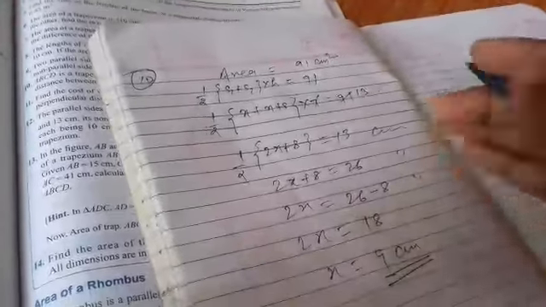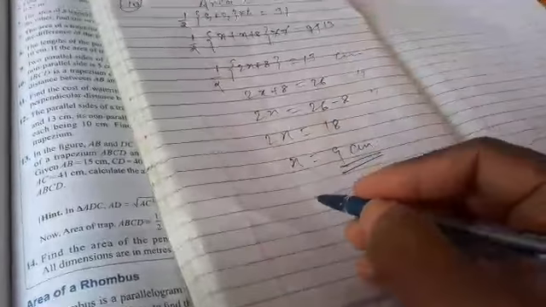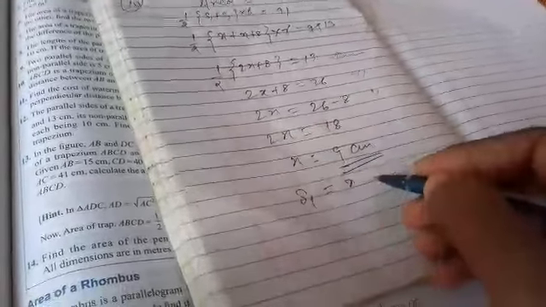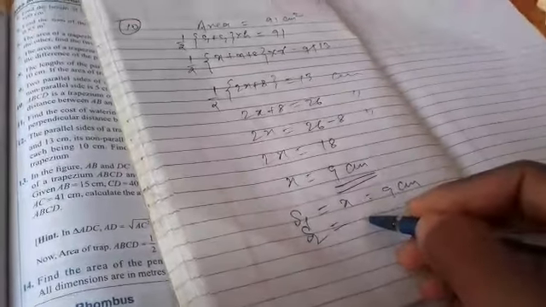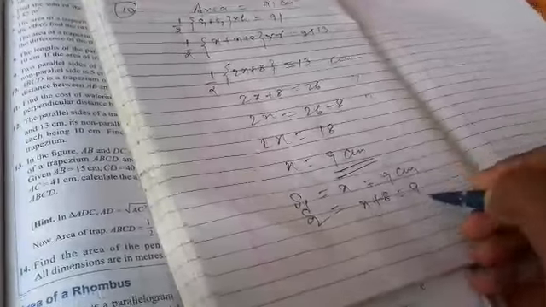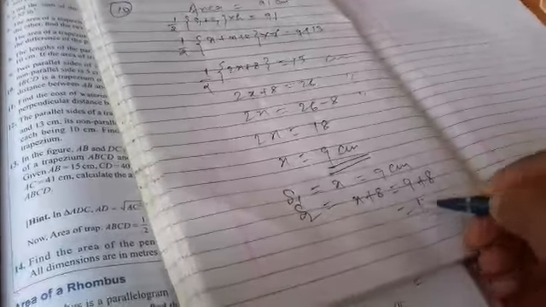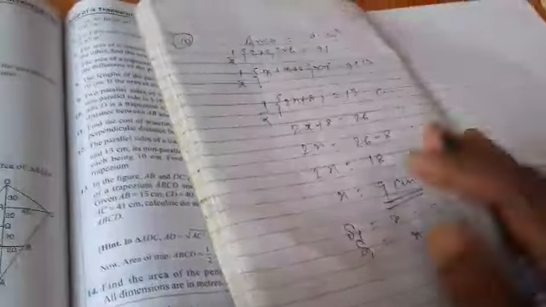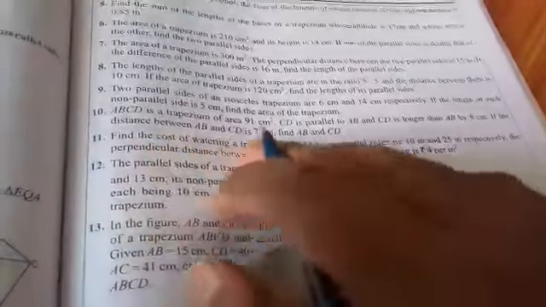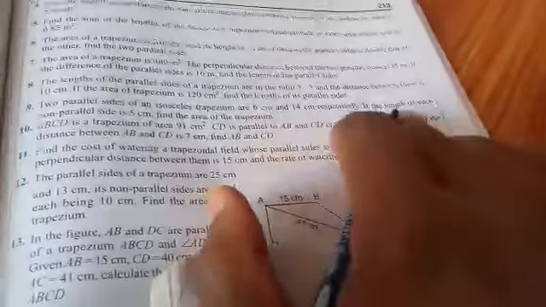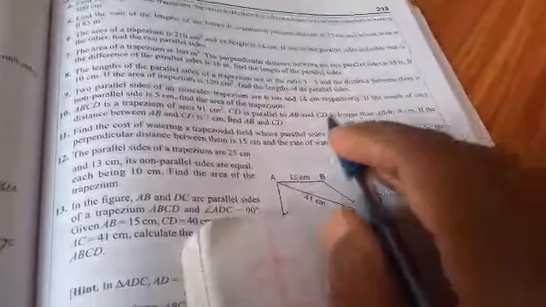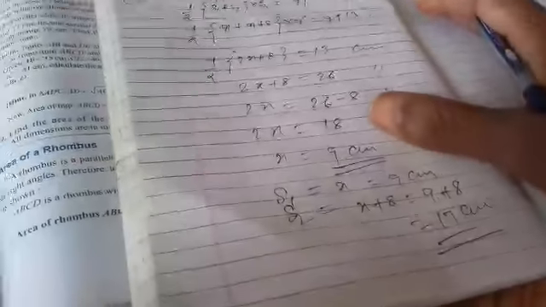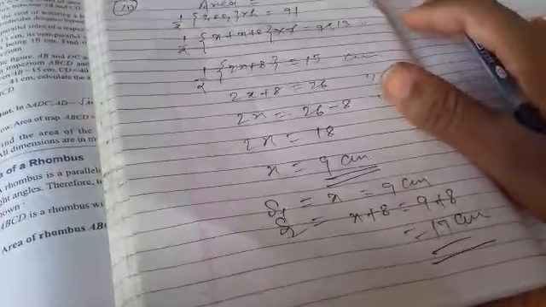Therefore, I am going to consider side 1 as x, so it will be 9 centimeter, and side 2 is x plus 8, that is 9 plus 8, 17 centimeter. These are the parallel sides of the given trapezium, that is, the lengths of AB and CD. Both differ by 8, so we have determined the sides as 9 and 17.